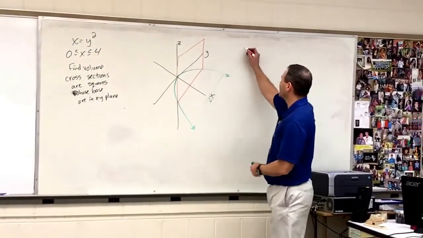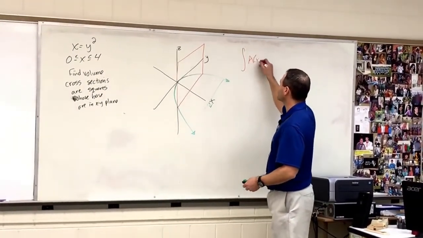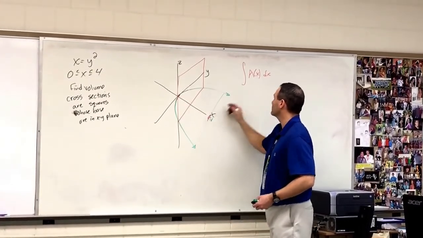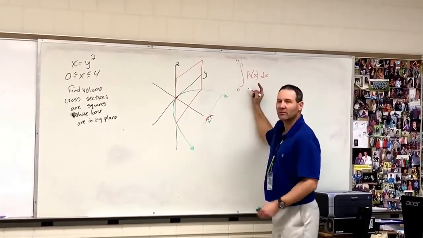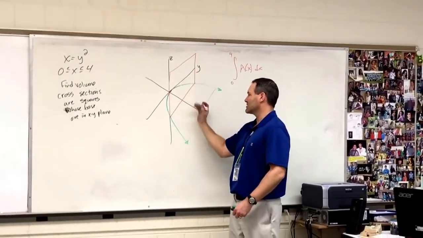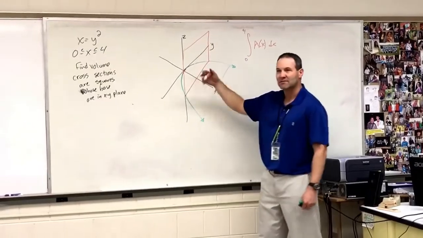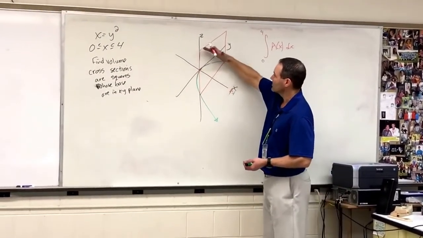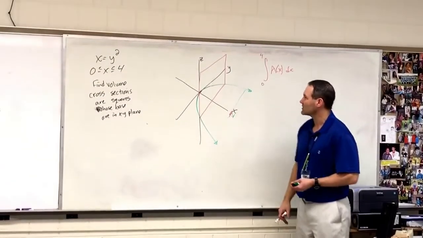Alright, so we are integrating A of x dx from 0 to 4. And I know I'm integrating with respect to x because my change in shape is in the x direction. So you'll have some that are integrated with y. It's not much different, it's just a shape in the y direction.